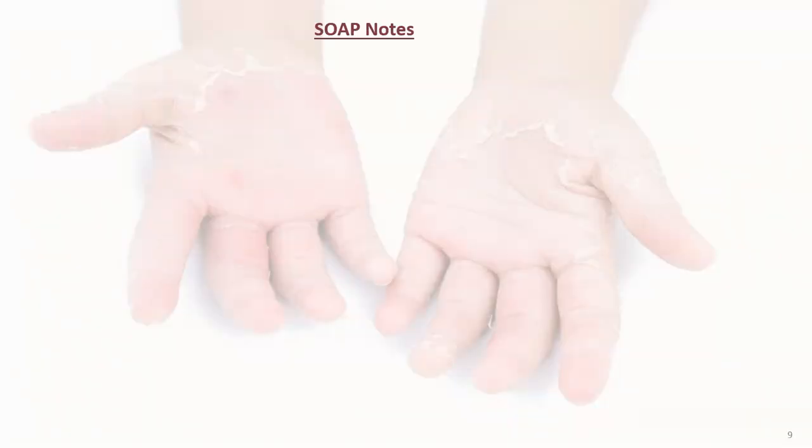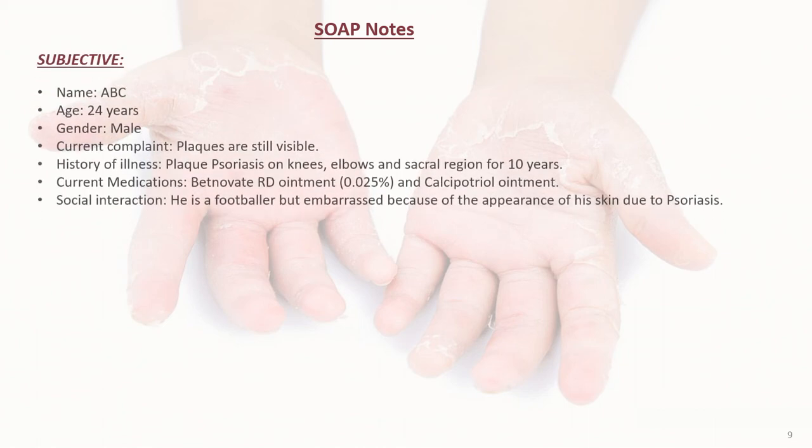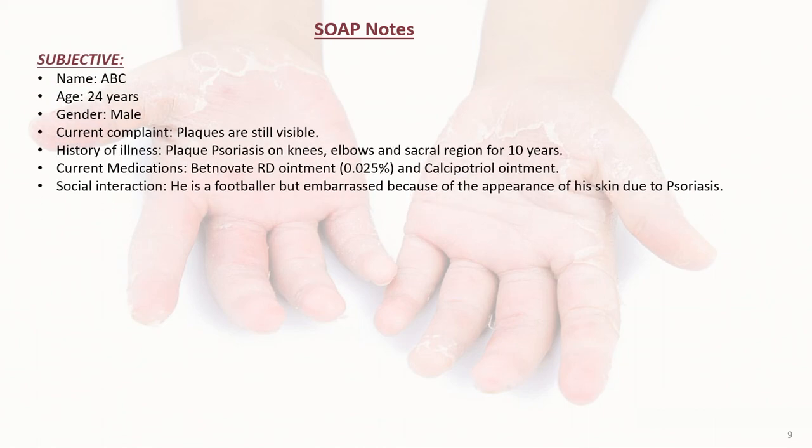Okay, if we move towards the SOAP notes, the first one is the subjective. The name of the patient was not given, so we can write ABC or anything. The age was 24 years, gender male. Current complaint: there is no such current complaint, but the patient is embarrassed due to the appearance of his skin.